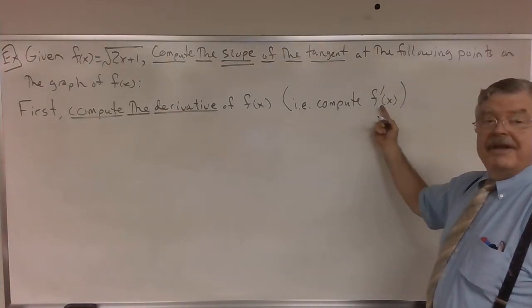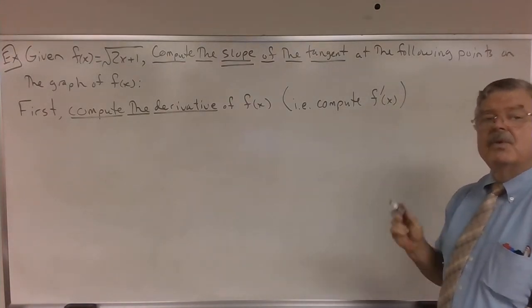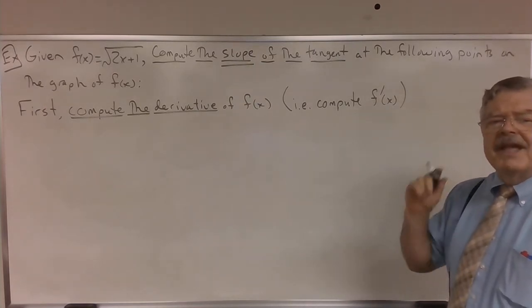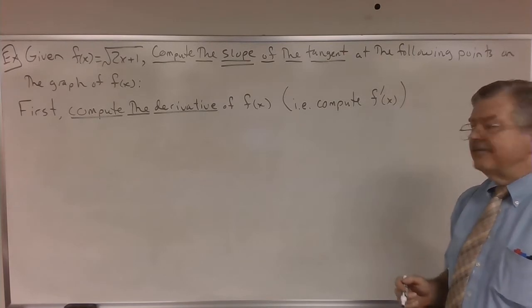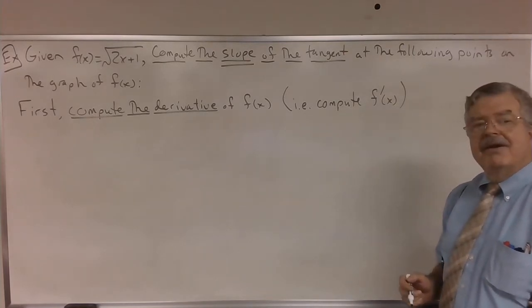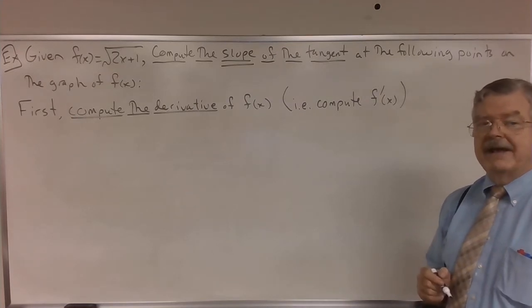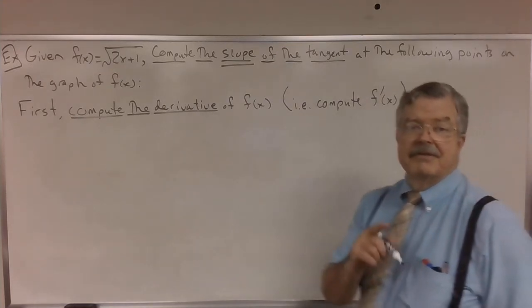The derivative f prime of x will give us the slope of the line tangent at any point on the graph of f of x. Right now, we only have one tool in our tool bag for computing the derivative, and here it is.